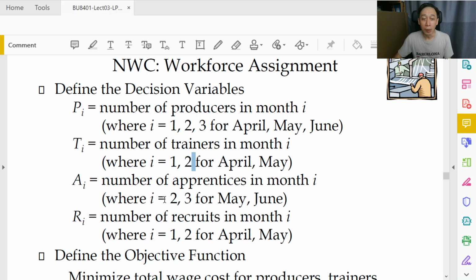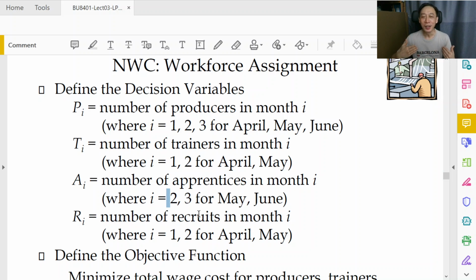Now, for first month, there should be no apprentice, all right, because we currently don't have any recruits. So when we hire recruits, they cannot be directly promoted to apprentice. So even if they're very experienced, very seasoned, they come in as recruits. Now, you wouldn't enjoy that if you are a seasoned college graduate who can be given exam credits to jump into university second year, right?